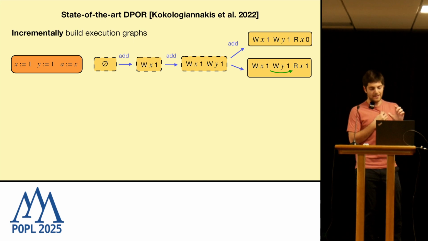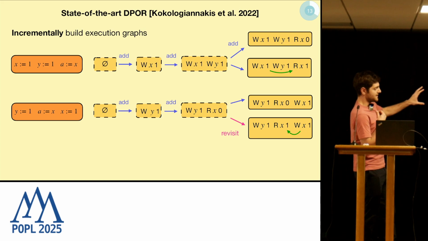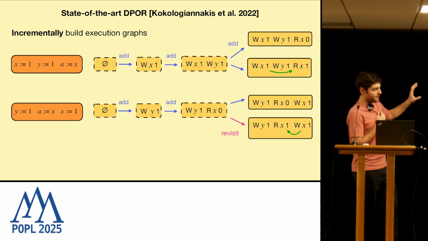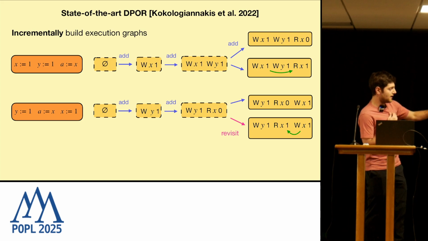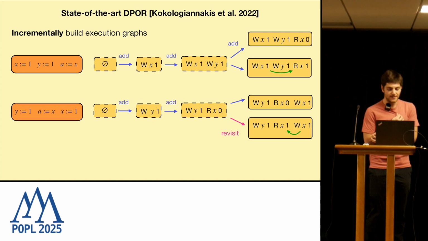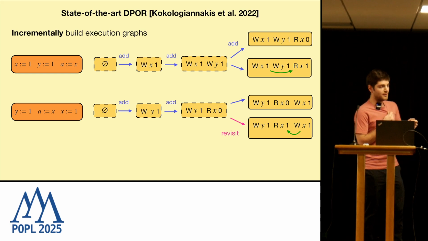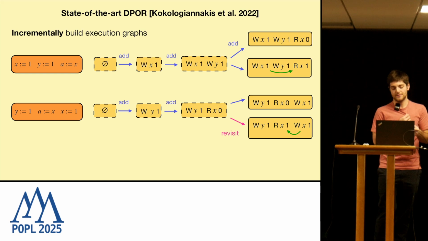Let me make it a tiny bit more complicated to show you another feature of DPOR that's very important. It's the same program on the bottom, I'm just moving the first instruction to the end. So the write 1 to x goes at the end. Again, you execute the two first instructions. Now the read can only read 0, nothing to do. And here you're about to execute the write 1 to x.